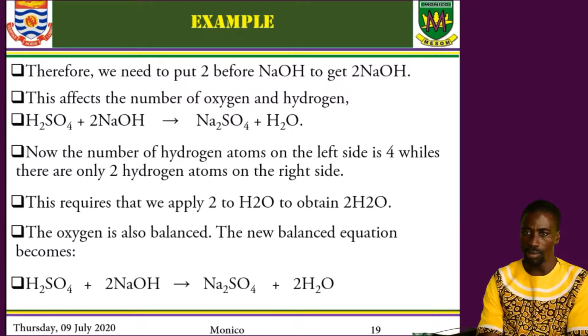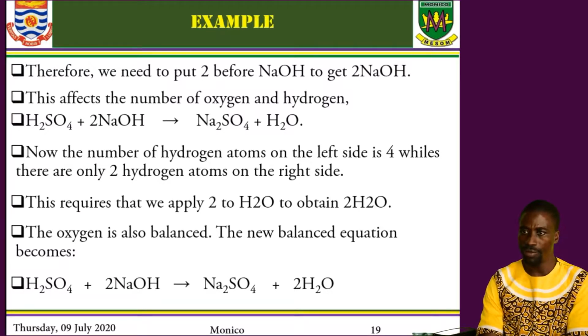For sulfur, I have 1 on each side, so sulfur is balanced. Oxygen, I have 4 in H2SO4 and then 2 in NaOH, so it becomes 6. So reactants are 6. Now let's go to the product side and see.